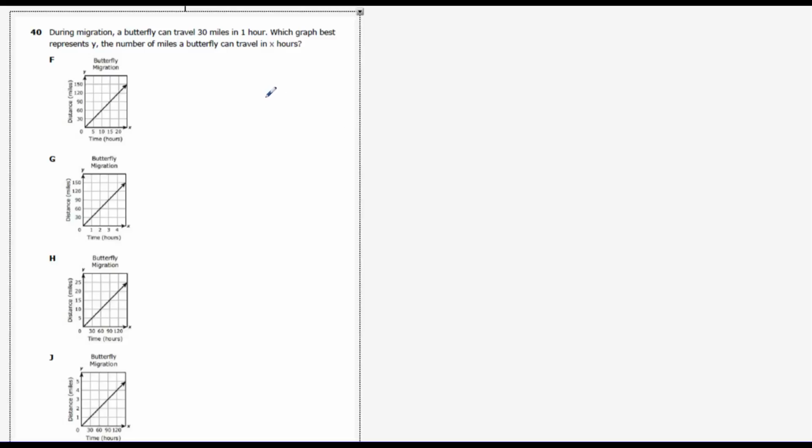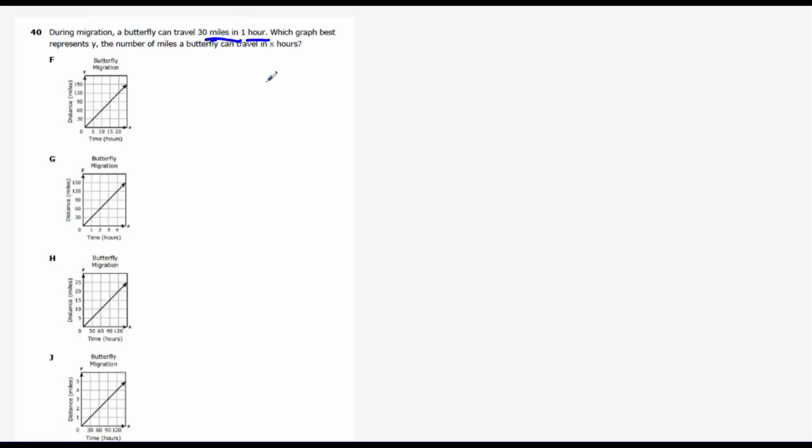Okay, 14. During migration, a butterfly can travel 30 miles in 1 hour. Which graph best represents the number of miles a butterfly can travel in X number of hours? Okay. So in a perfect world, our graph would measure hours and miles, and one of the points would say 1 hour, 30 miles.